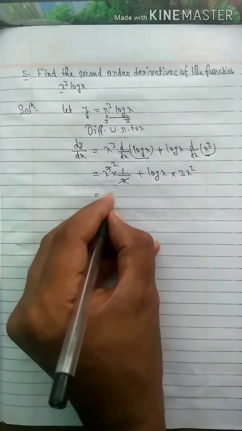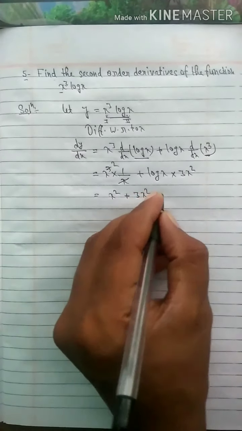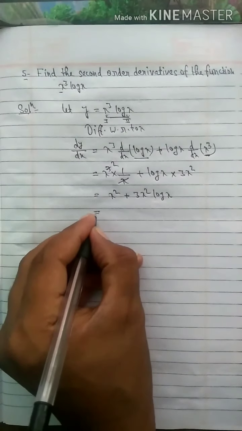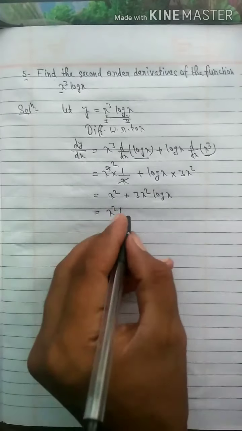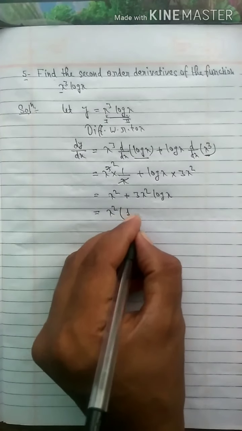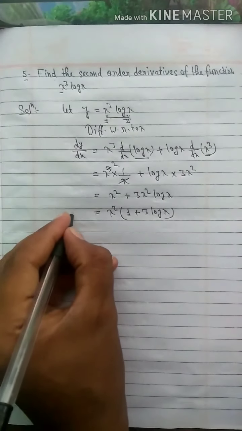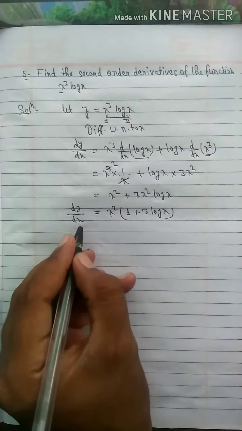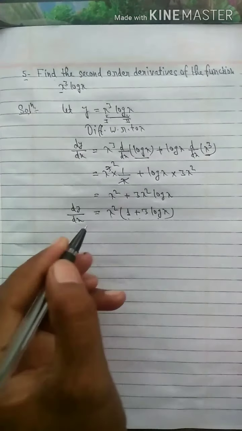So here left x square plus 3x square into log x, and x square is a common factor. So from here left 1 plus 3 log x. So this is dy by dx equal to x square in bracket 1 plus 3 log x.